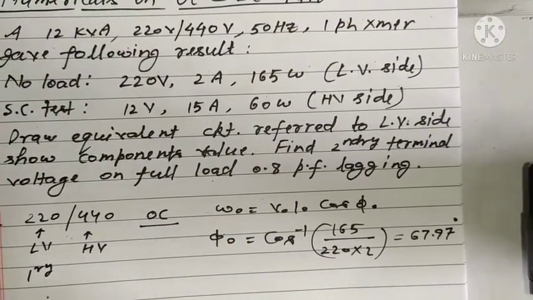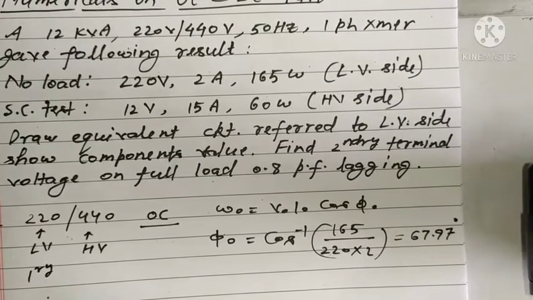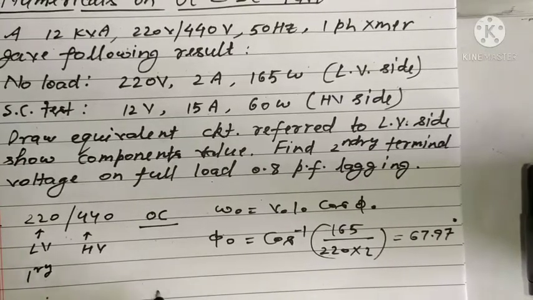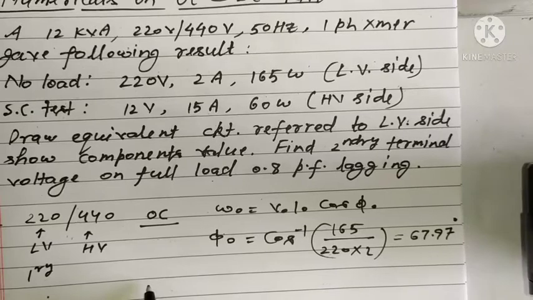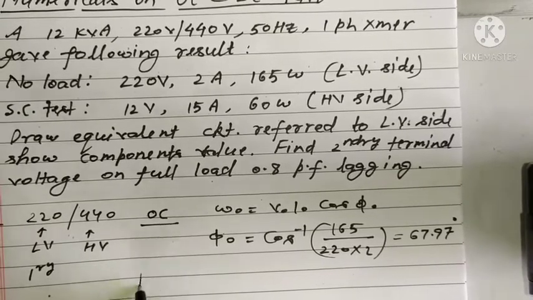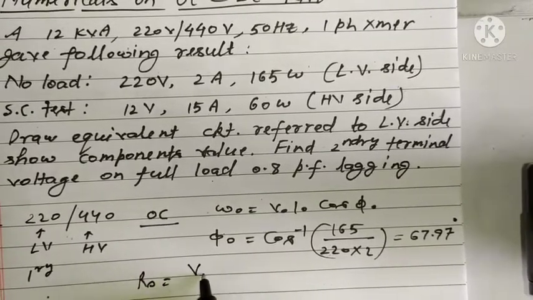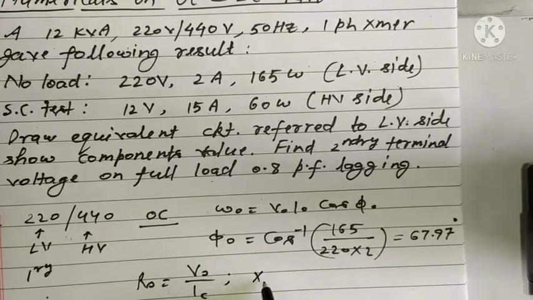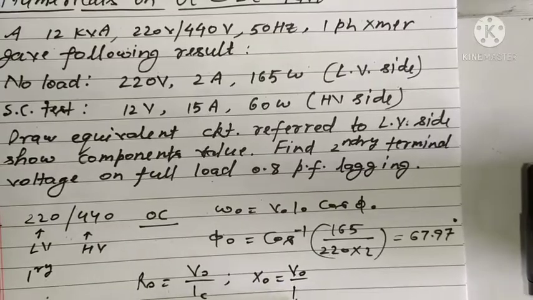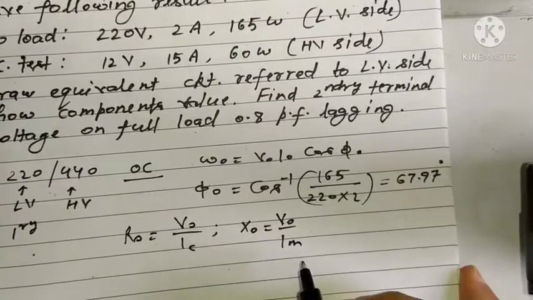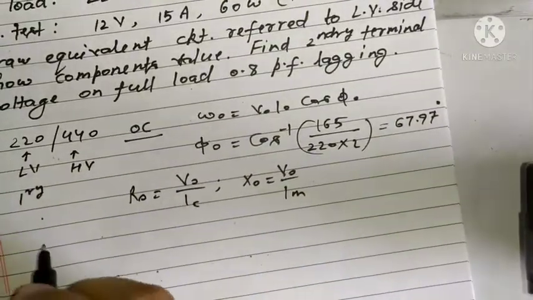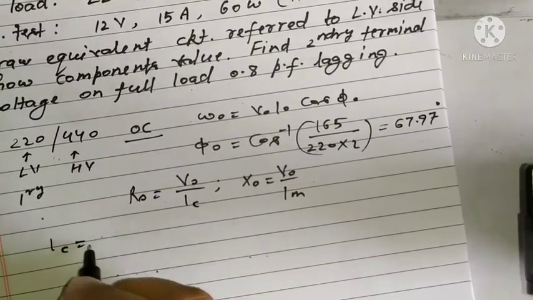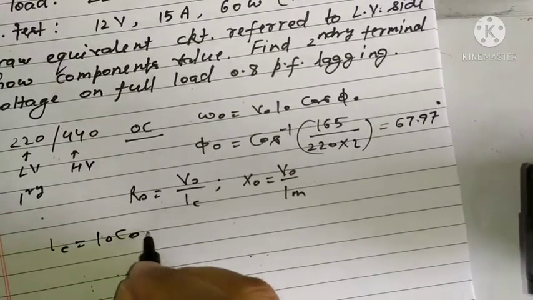So the circuit parameters are the exciting branch circuit parameters and the equivalent impedance referred on any side, right? Here R naught is given by V naught by IC and X naught is given by V naught by IM. So we must find IC and IM. We know IC is I naught cos phi naught.